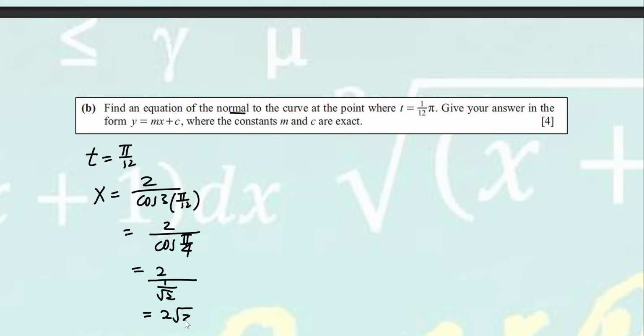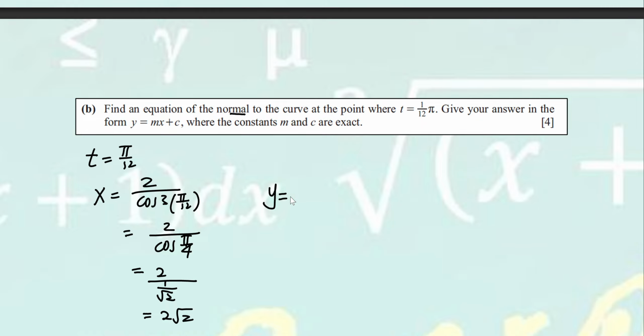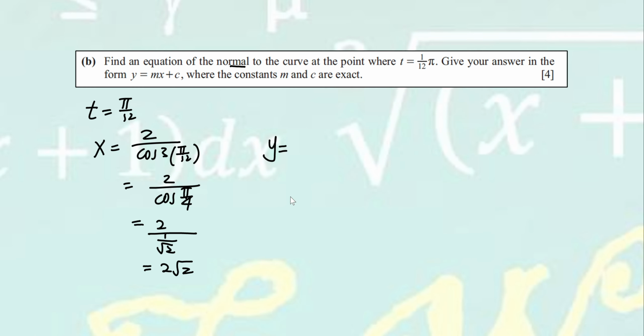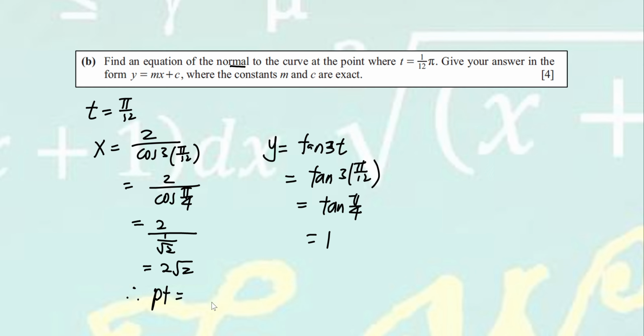Then you will get 2 square root 2. The y is tangent 3t, so here becomes tangent 3 times pi over 12, which is tangent pi over 4, and tangent pi over 4 is 1. So the coordinates of the point will be 2 square root 2 and 1.